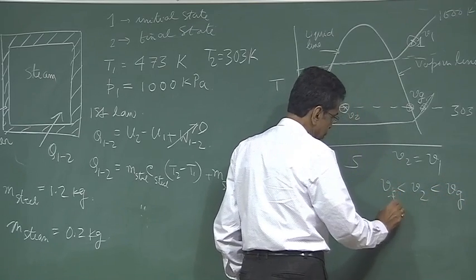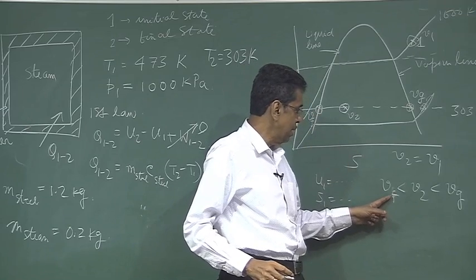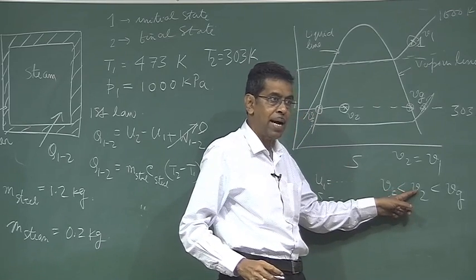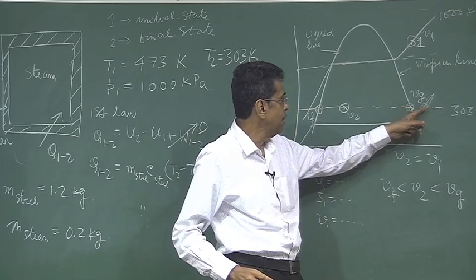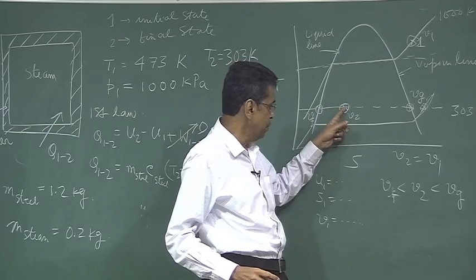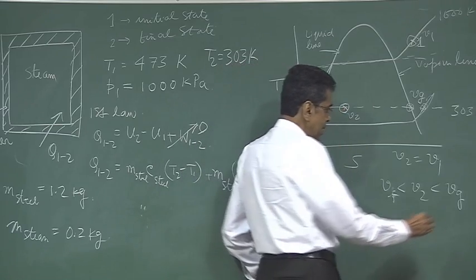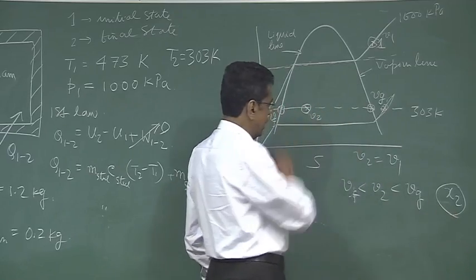That means the specific volume of saturated liquid is less than V2. V2 is higher than that, but less than Vg. That means it is not superheated, it is not saturated liquid, but is in between. That means it has some dryness fraction x2.